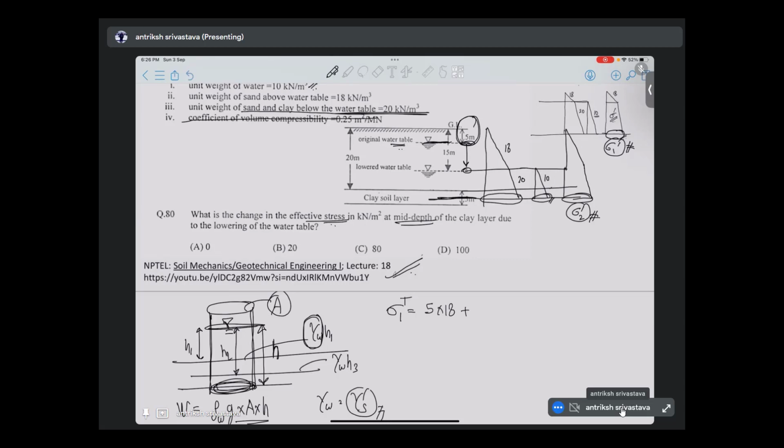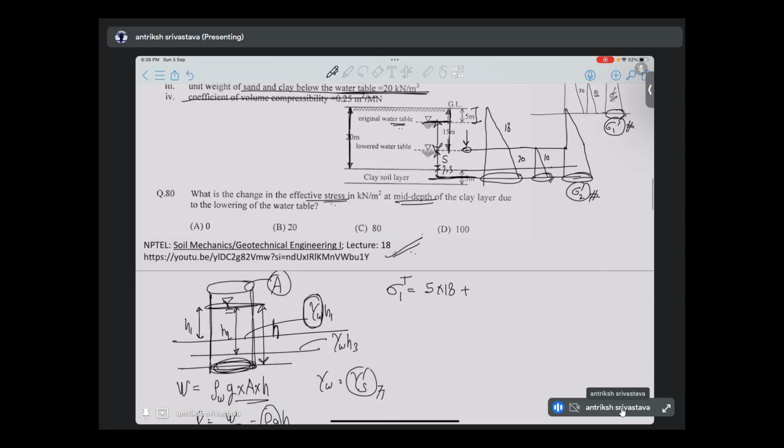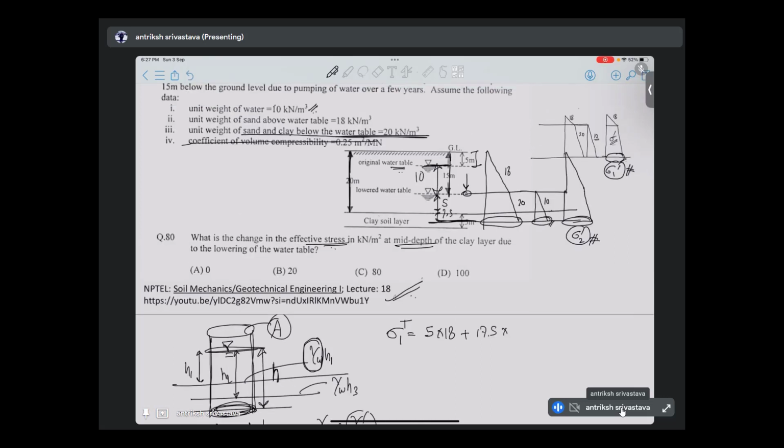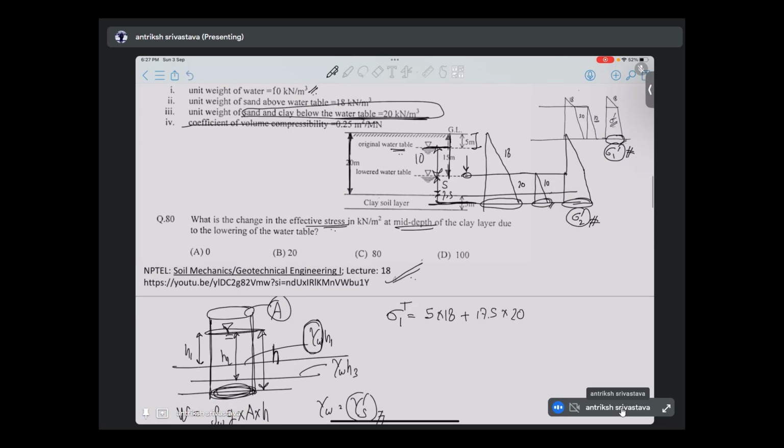So we have 5 here, and this is 15, so this is 10, and this is whole as 20, so this is again 5, and this is 5, so this is 2.5. So there are some numbers, if you look at it carefully, it will also make sense to you. So 17.5 into, what is the unit weight for sand and clay below the water table? It is 20. So this is our total pressure.